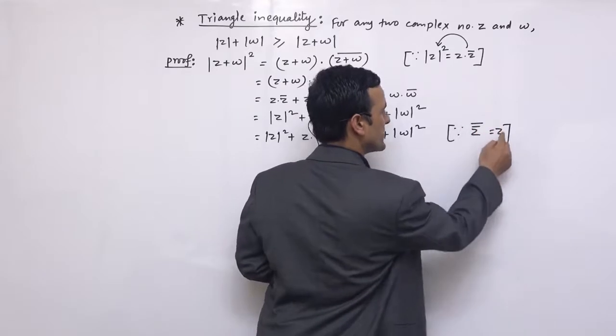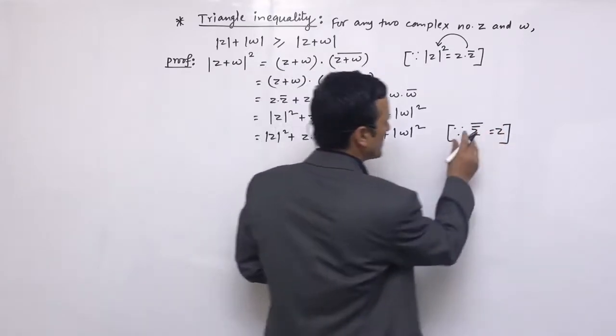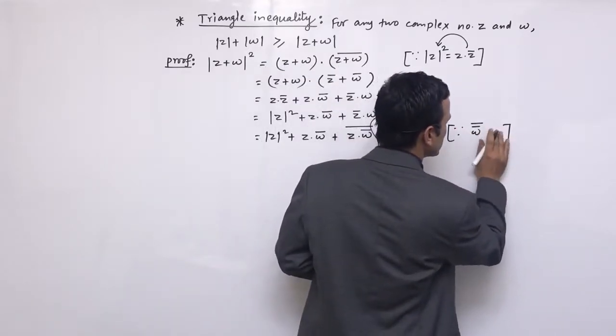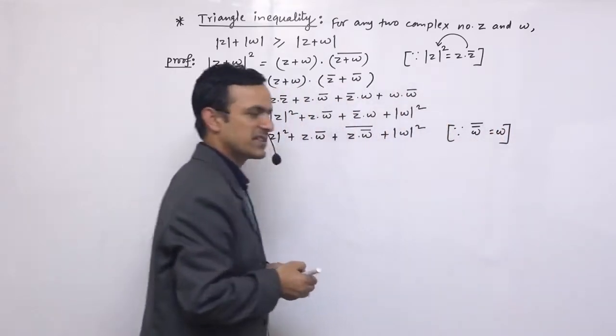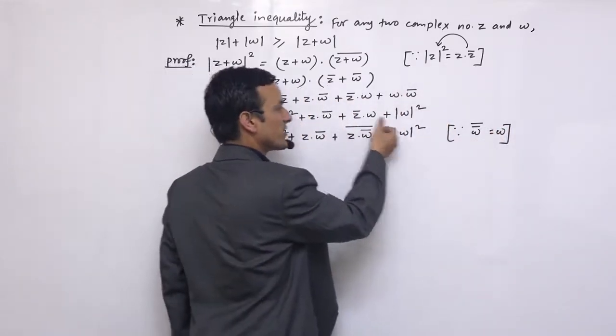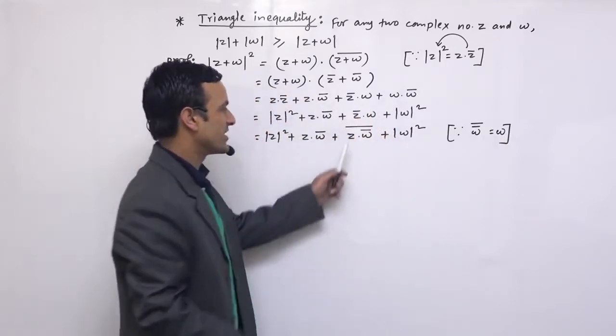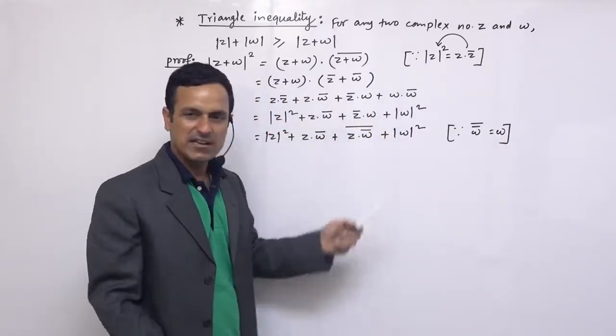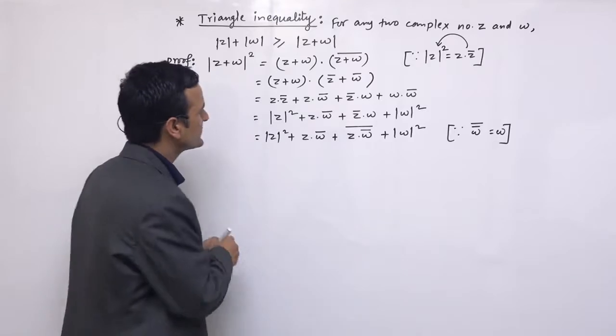Or if you confuse then write down w. केही फरक पर्दैन, w लेख्न सकिन्छ. यहाँ w को डबल कन्जुगेट मीन्स it is w and z conjugate means z, that is z conjugate, that is same thing. केही फरक पर्दैन.